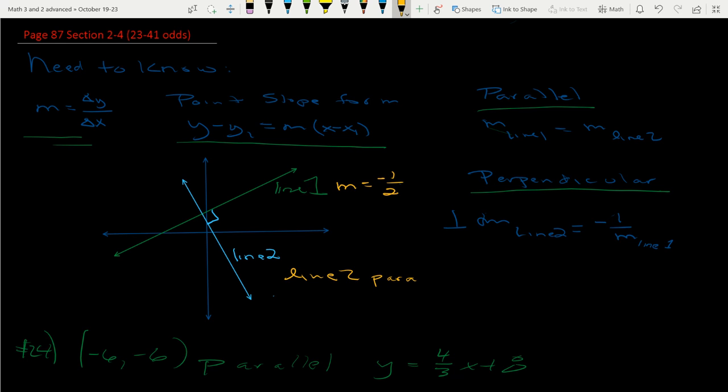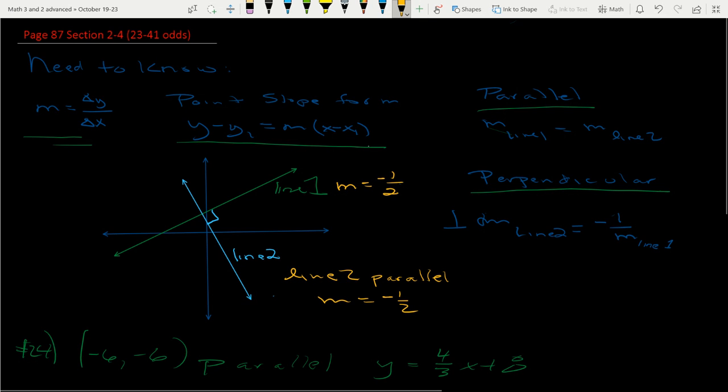Those are horrible lines, let's go back. Control Z. If line 2 is parallel, then the slope of line 2 is the same as line 1. So line 1 slope is -1/2. That means if line 2 is parallel, the slope is -1/2.